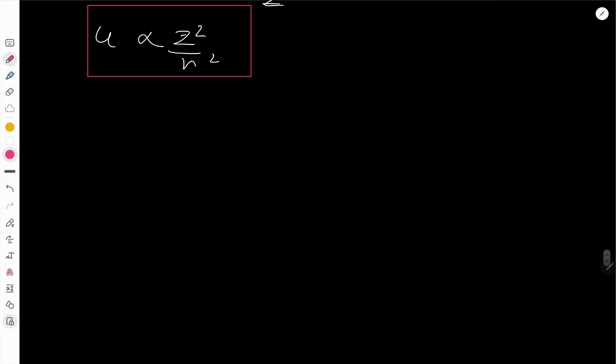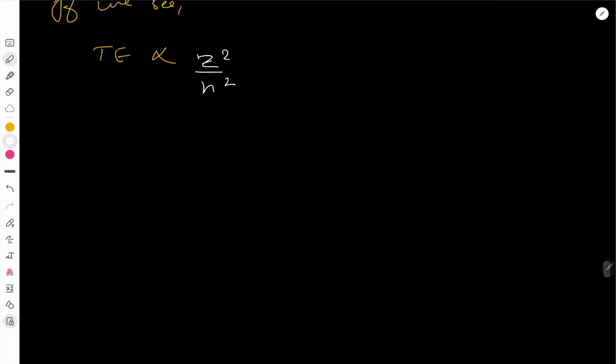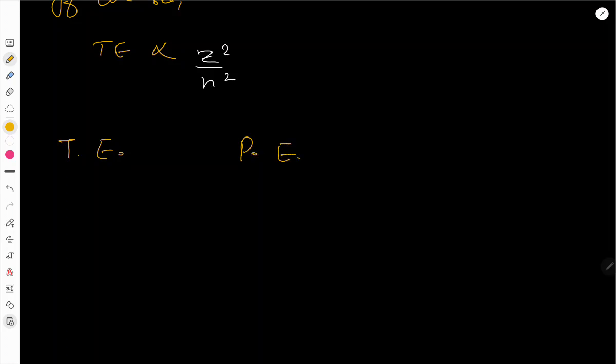And now if we see, total energy will also be directly proportional to z square by n square, and the ratio between total energy, potential energy and kinetic energy is 1, minus 1 and 2.